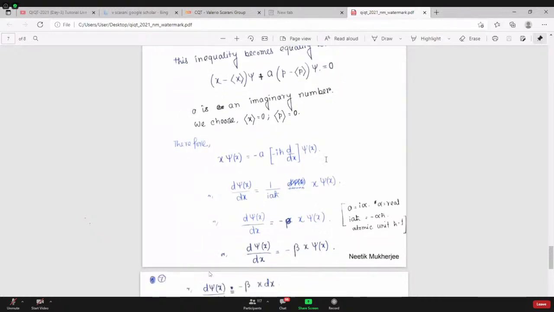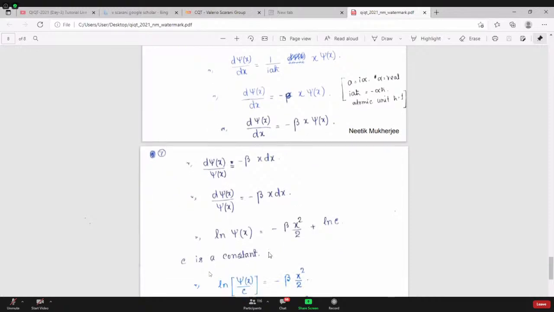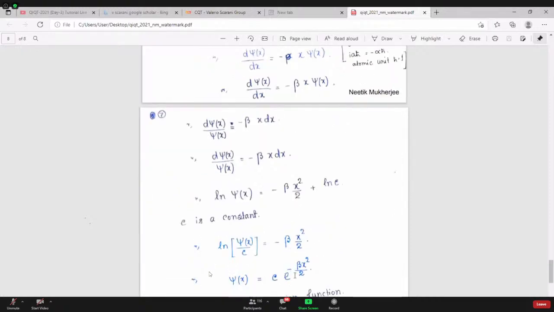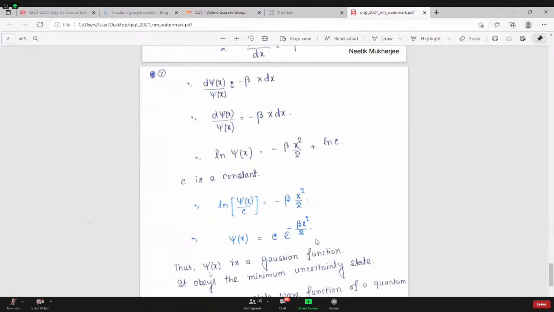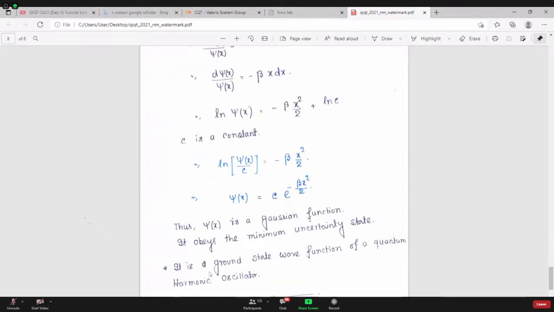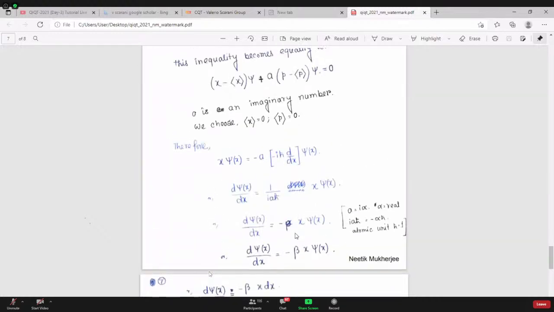Now applying this condition, it leads to the function psi of the form e to the power minus beta x square by 2, where beta is a real number, and this function is called the Gaussian function. And you can see that the Gaussian function obeys the minimum uncertainty state. Further, this Gaussian function is the ground state wave function of the quantum harmonic oscillator. So now, is it clear?